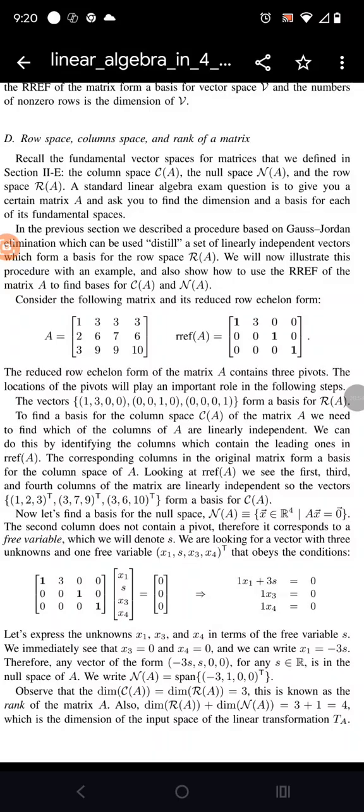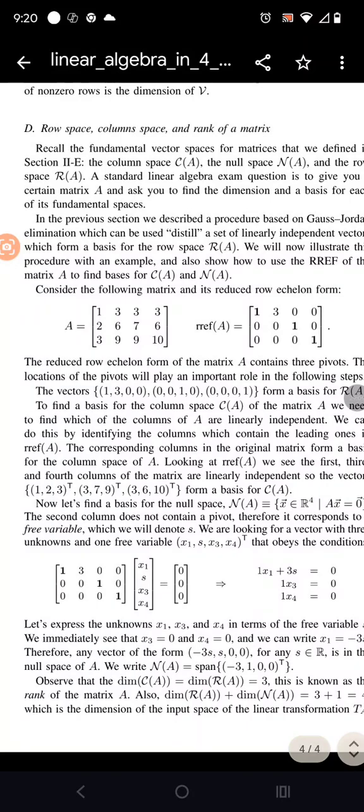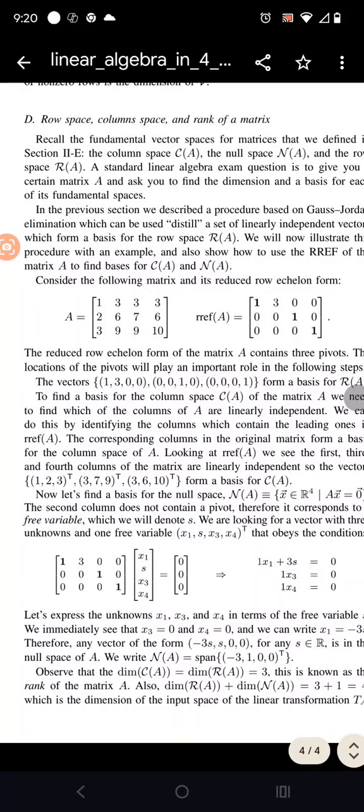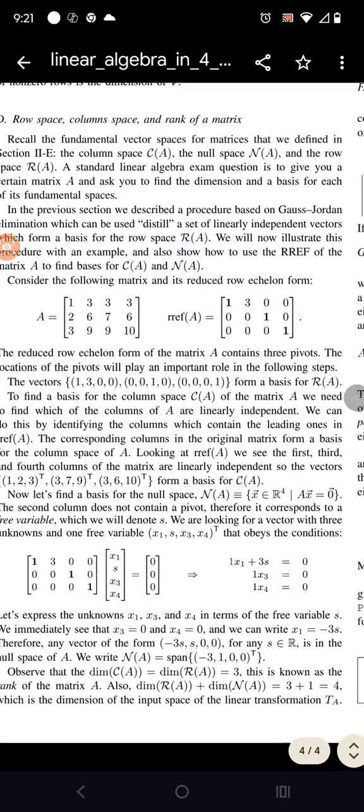Then we have (3 7 9) and (3 6 10), which are linearly independent. So the vectors (1 2 3) transpose, (3 7 9) transpose, and (3 6 10) transpose, basically the first column, third column, and fourth column, form a basis for C(A), the column space of A.